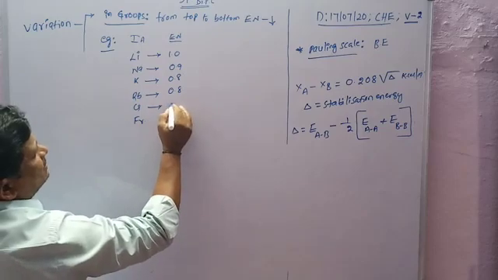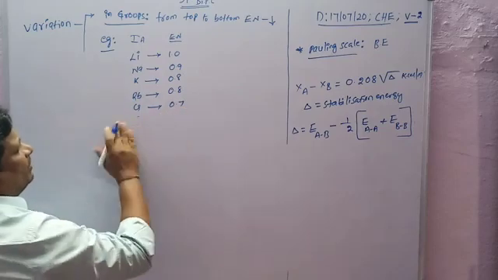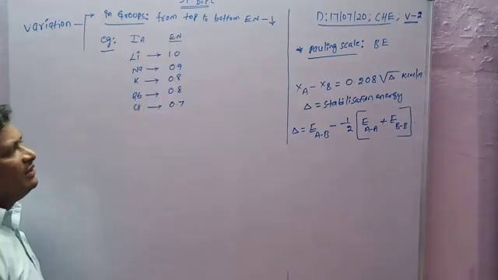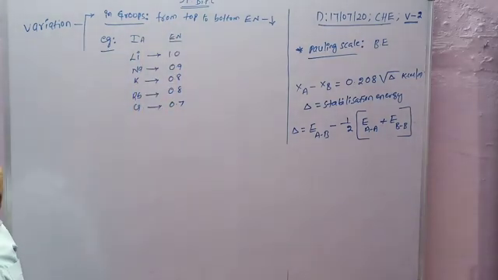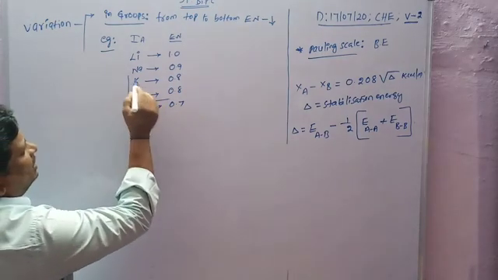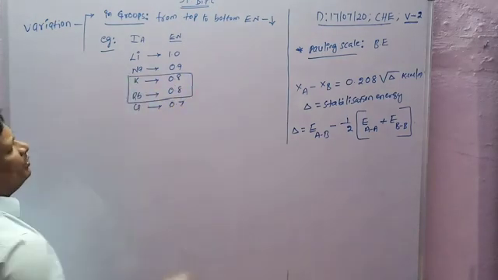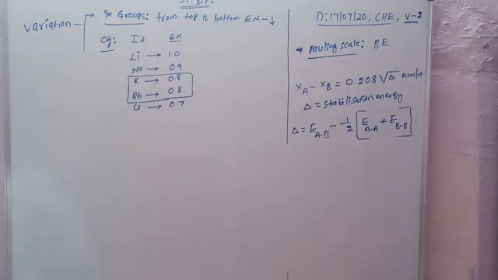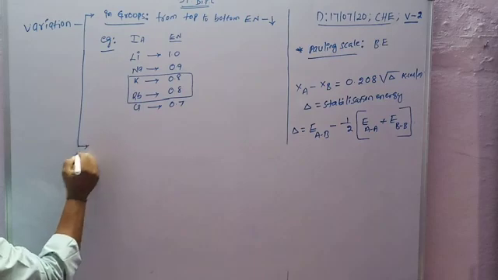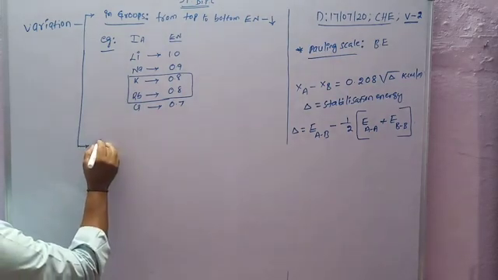Cesium is 0.7. Francium is a radioactive element. So what happens? Electronegativity values decrease down the group, wherein potassium electronegativity is equal to rubidium electronegativity. Okay, next one. Variation of electronegativity in periods.